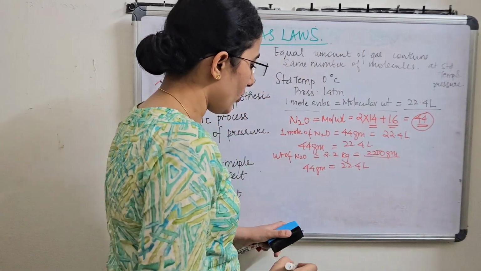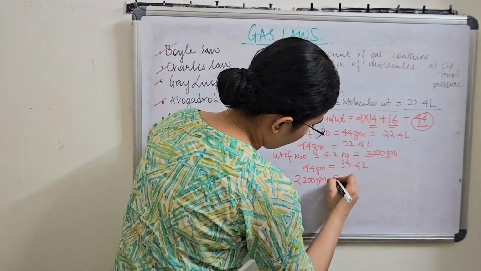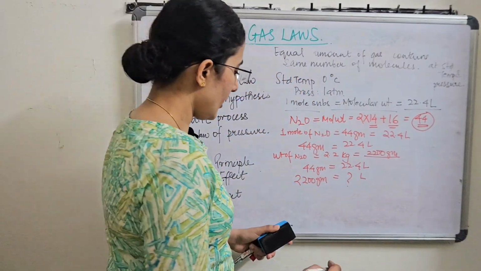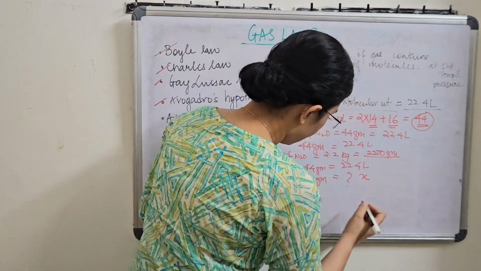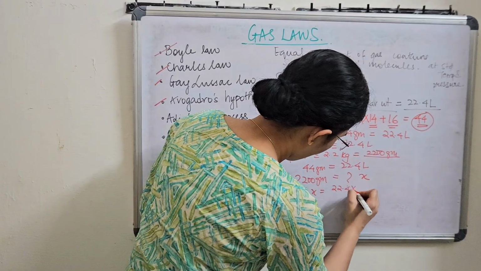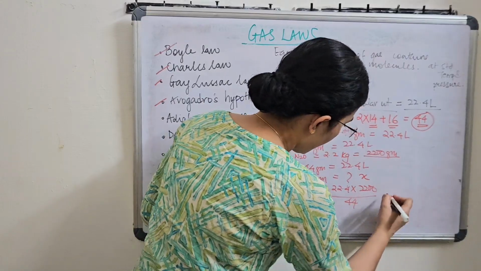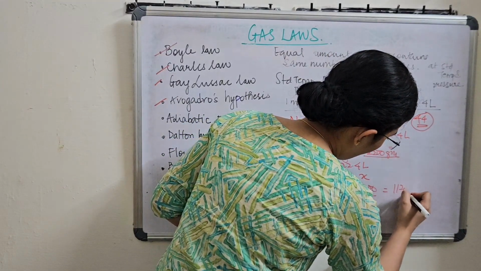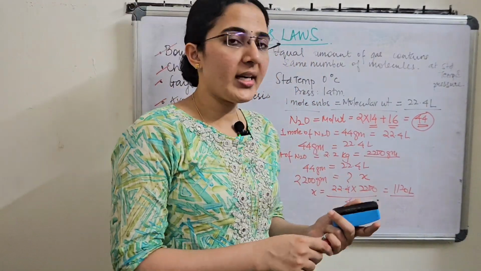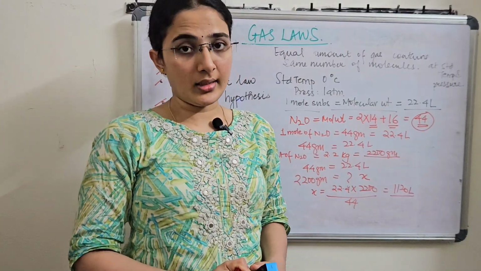How many liters of nitrous will 2200 grams contain? If we put it as X, then X equals 22.4 into 2200 divided by 44, which comes to approximately 1120 liters. This is how we find out the amount of nitrous present within the nitrous cylinder.